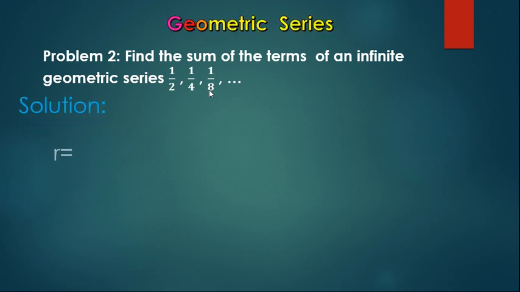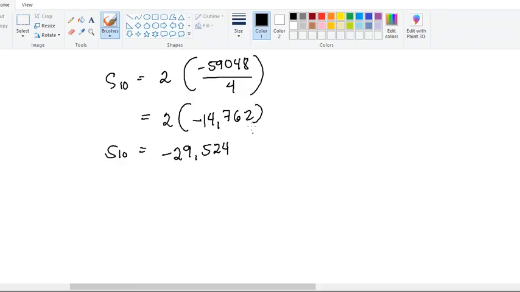So for our solution, of course, we have to find the common ratio: a sub 2 over a sub 1. That is 1 over 4 divided by 1/2. Maybe some have forgotten how to divide fractions.